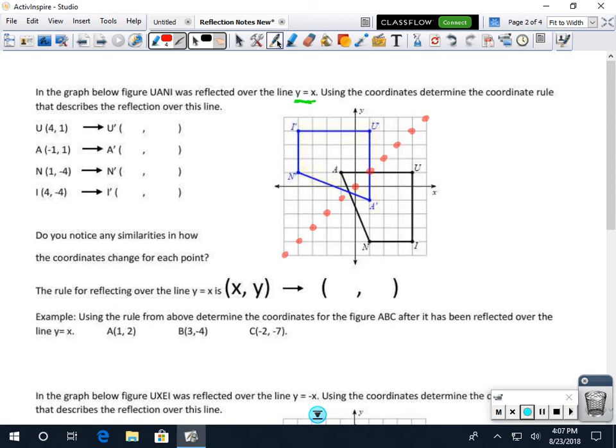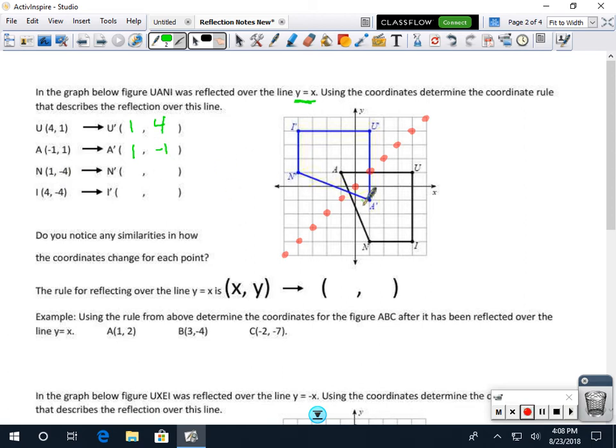This time the pre-image, U starts at the point 4, 1. U prime is at the point 1, 4. A is at negative 1, 1. A prime is at 1, negative 1.